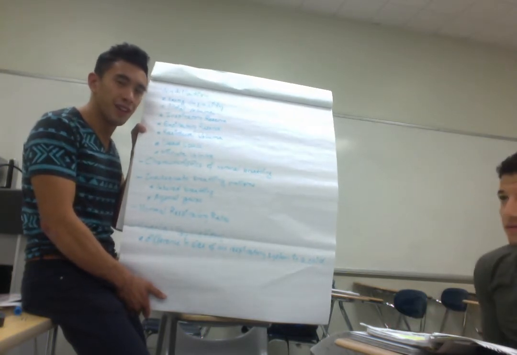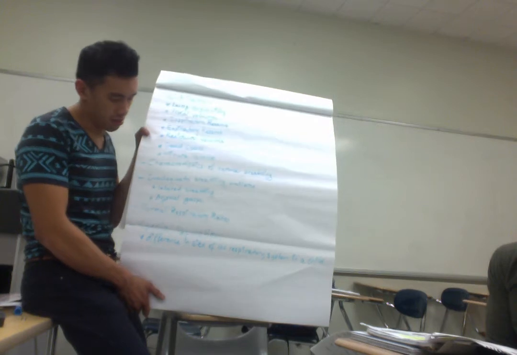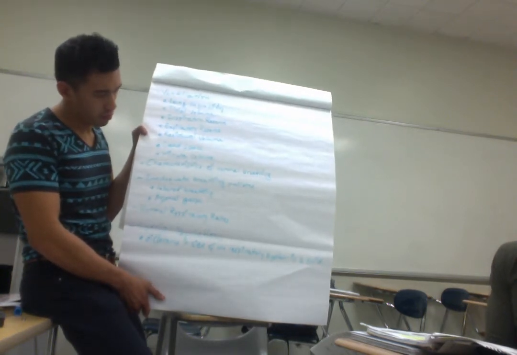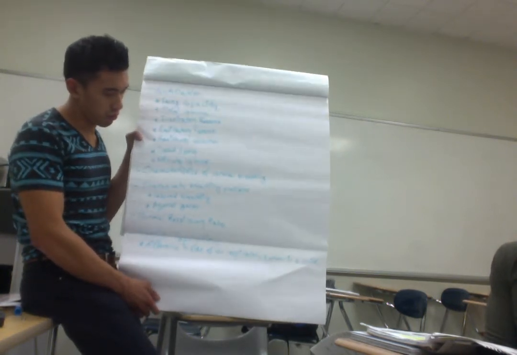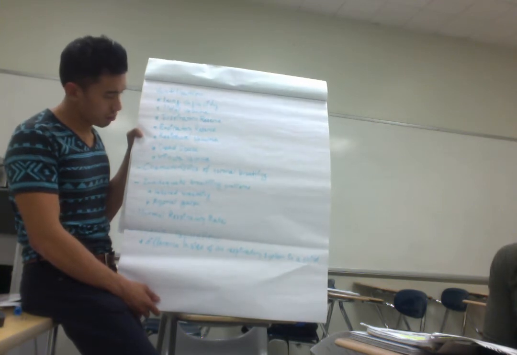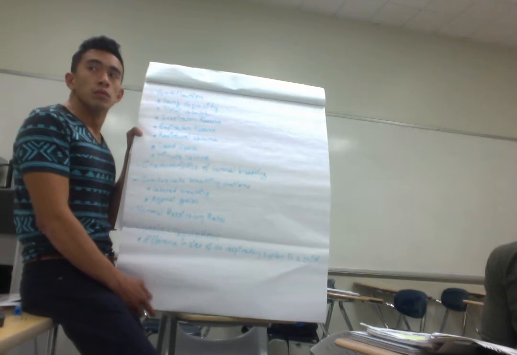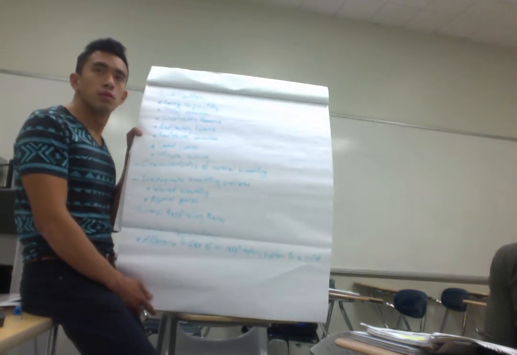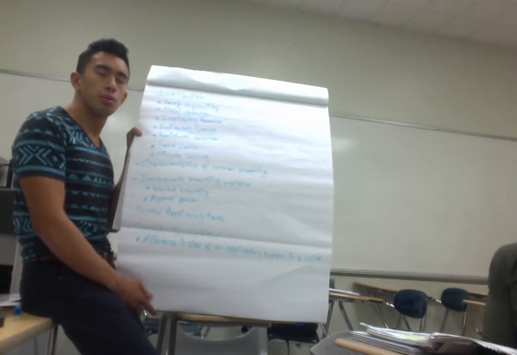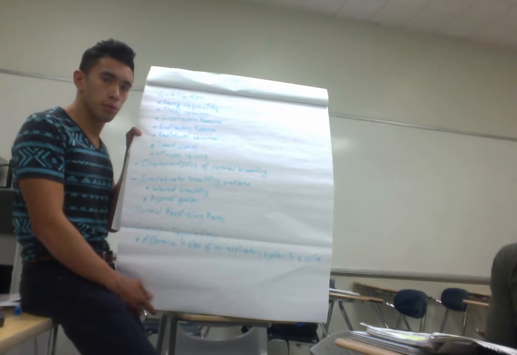Now we have the minute volume. Minute volume is the amount of tidal volume you do in a minute, the amount of air you inhale in a minute, essentially. There's an equation for it. Do we have to know it?